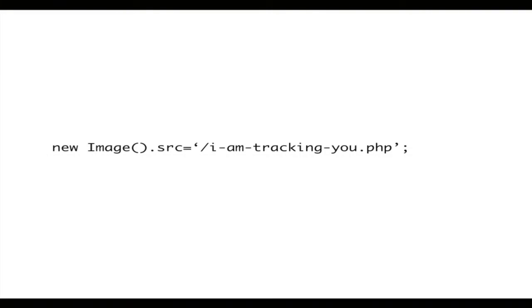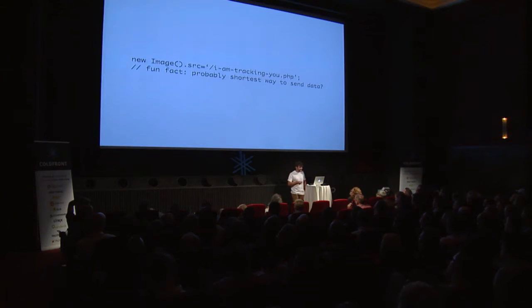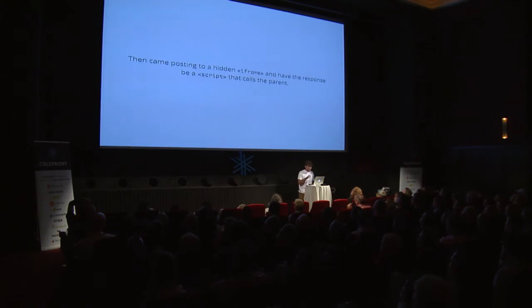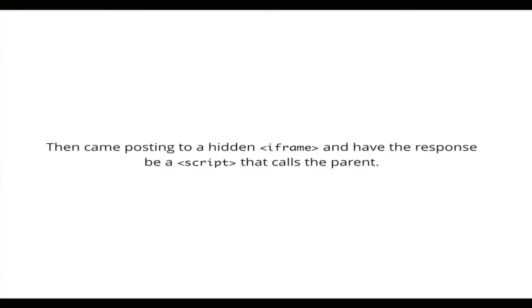And funny enough, when some of the first versions of Facebook surfaced, a lot of the things you would hover would have an inline script on hover, new image, and they would use this for tracking. Because actually this happens to be, even to today, the shortest way that you can generate an asynchronous request to a server. Fun fact.